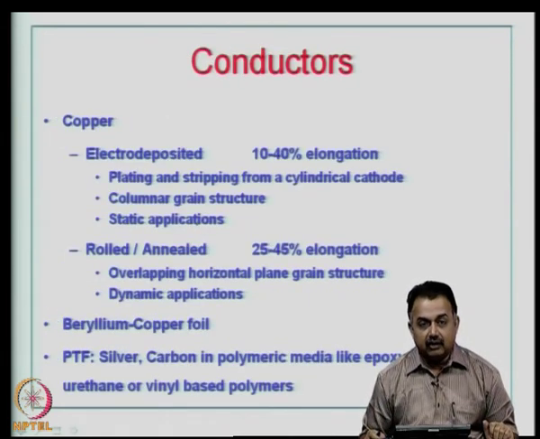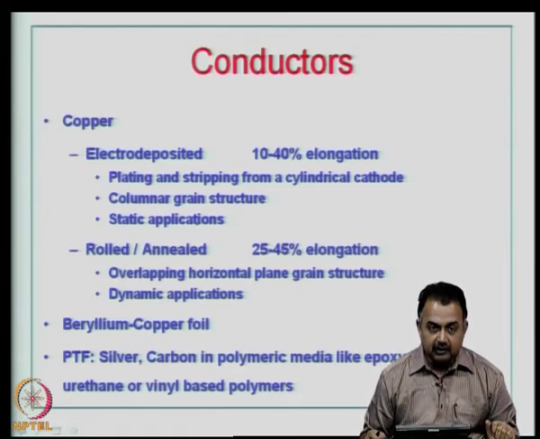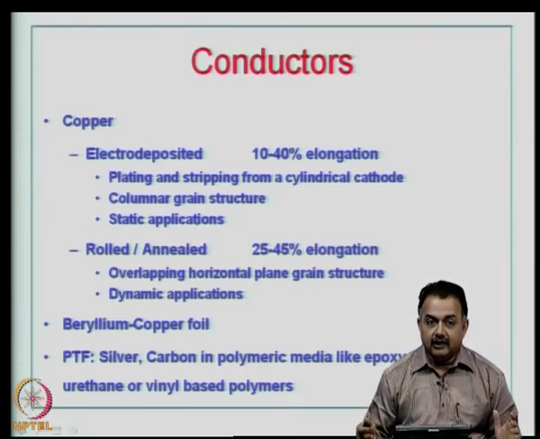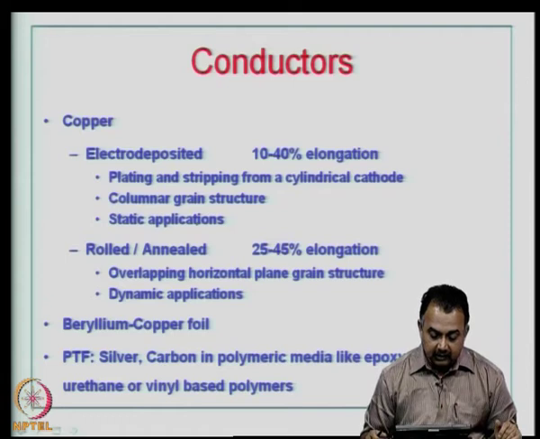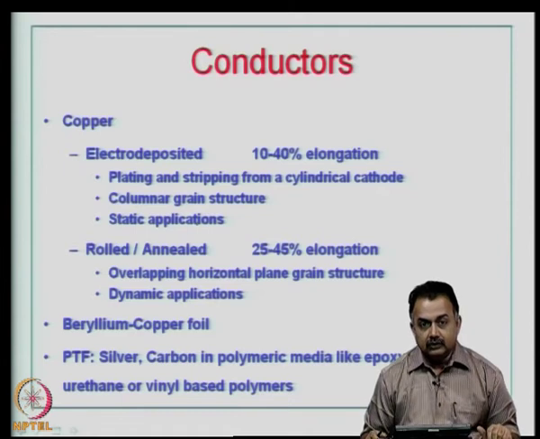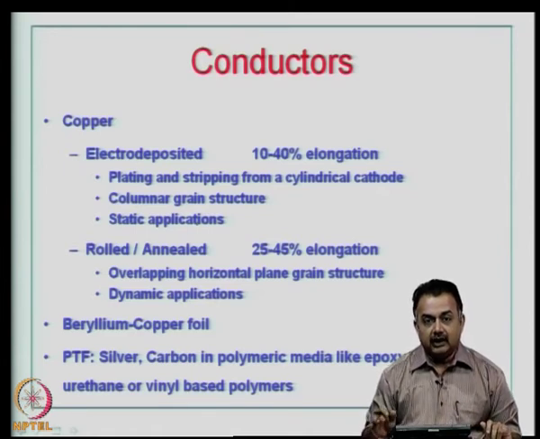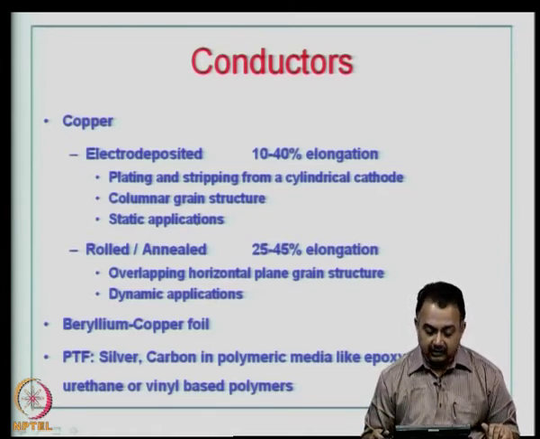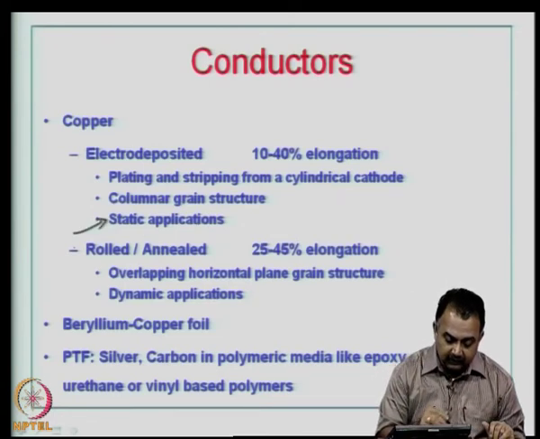Conductor is essentially copper. It can be electrodeposited. We have seen the electrodeposition process, plating and stripping from a cylindrical cathode. You get a columnar grain structure, static applications. So, typically the elongation here is 10 to 40%. Therefore, that is why we use it for static applications.